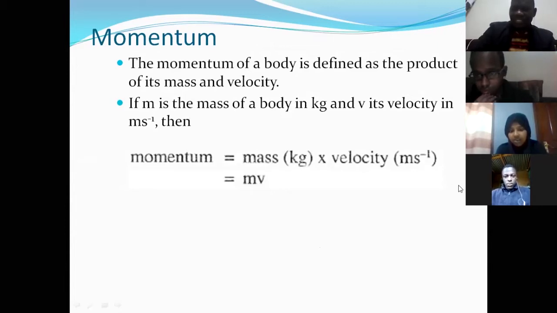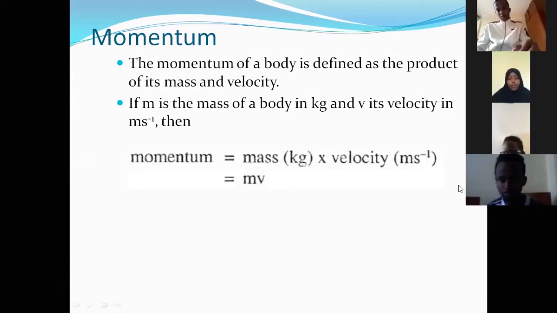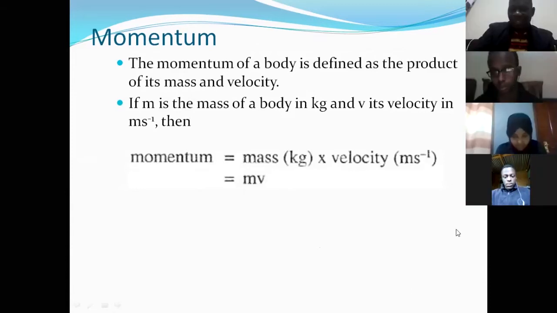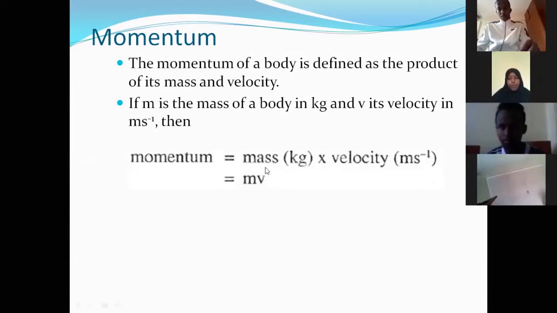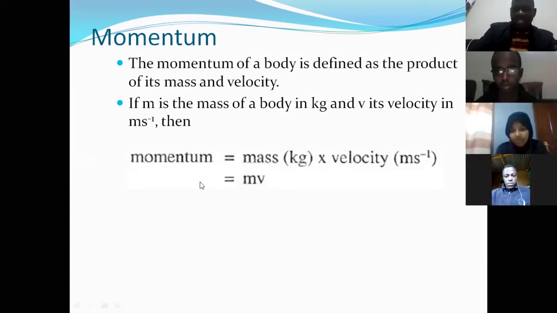Anyone who can remember? You see the product of mass and velocity. So what are these factors that will affect momentum?